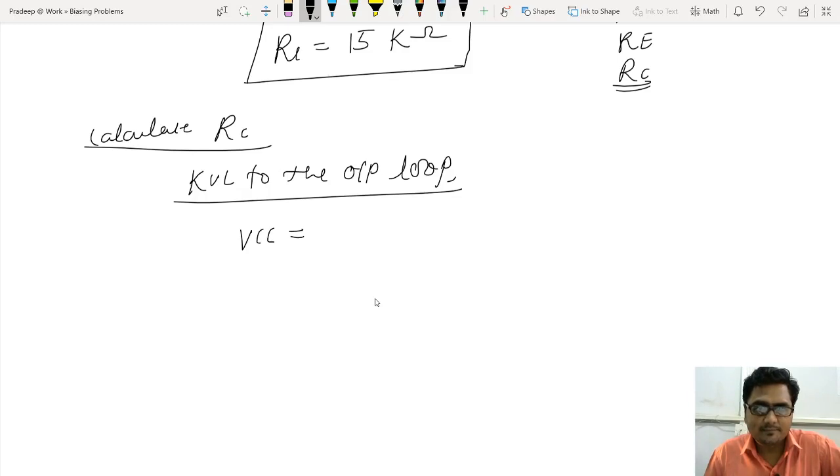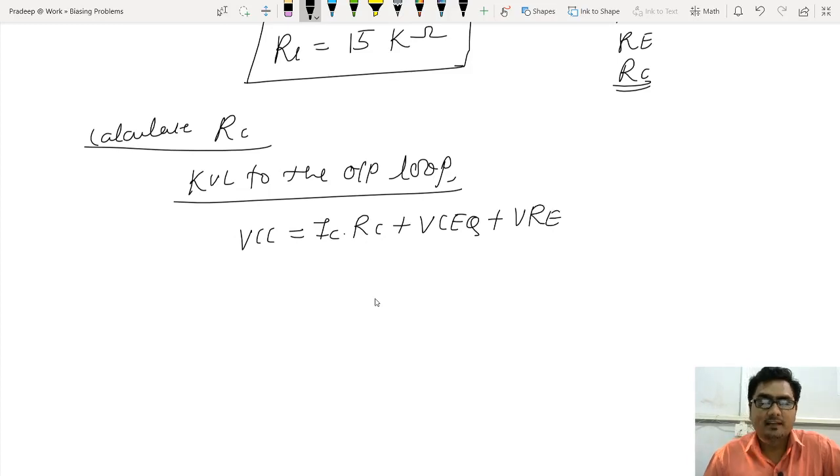The circuit diagram is there in front of you. VCC is IC multiplied by RC plus VCEQ, which is given, plus VRE, which is also specified. So VCEQ is known, VRE is known, VCC is also known. IC is nothing but your ICQ, which is given. So what are we left with? We are left with RC.